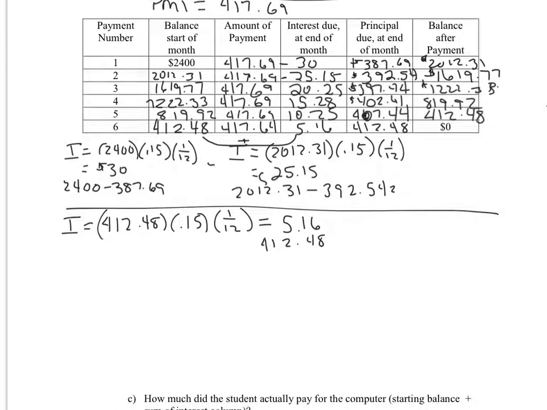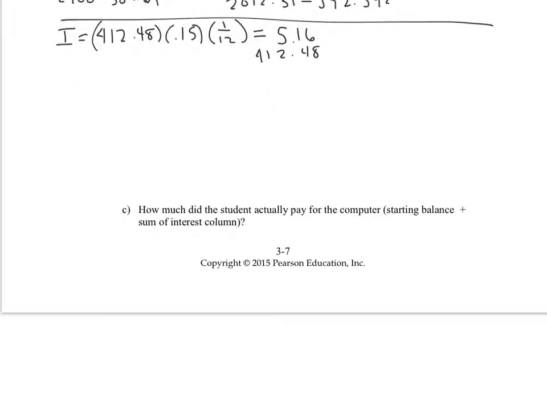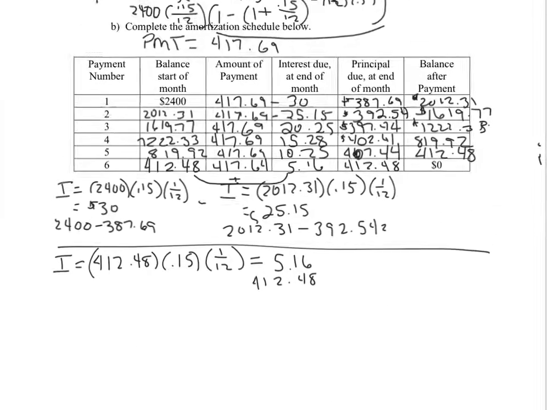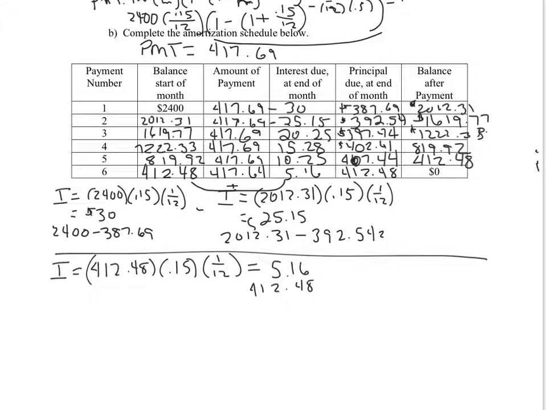It's not difficult to do the amortization schedule, but it is pretty tedious. So how much did the student actually pay for the computer? In other words, let's figure out what the starting balance plus all the interest added up would be. So what we know, if we look at this table, we're going to have to take this column right here and total it up.